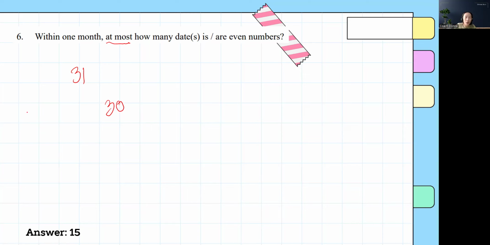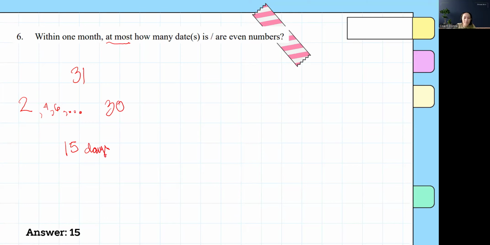Let's say it's 1, right? But we want even numbers. So it's 2. From 2 to 30, let's count how many even numbers there are. You would get 2, 4, 6, and so on, right? We just need to count it. And you would find that there are 15 days in total.